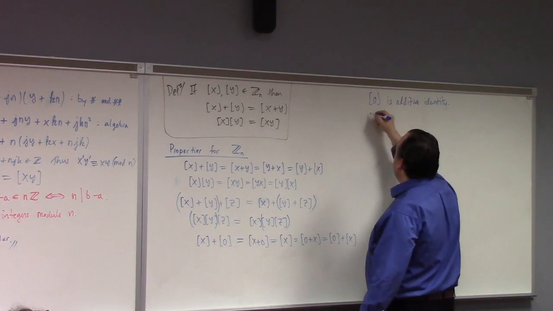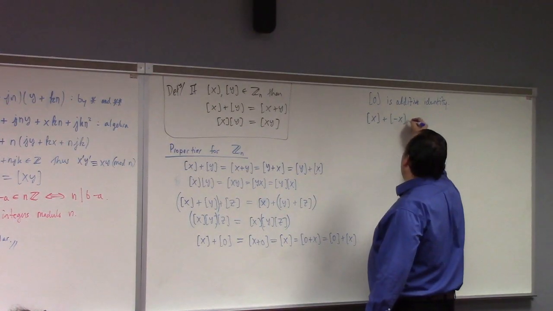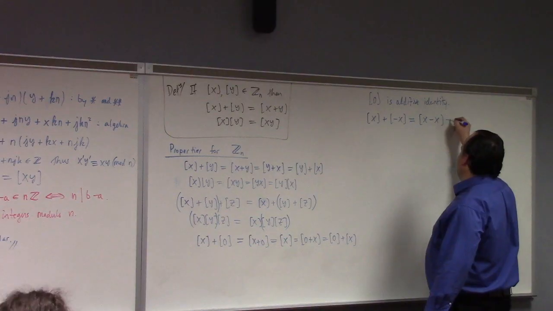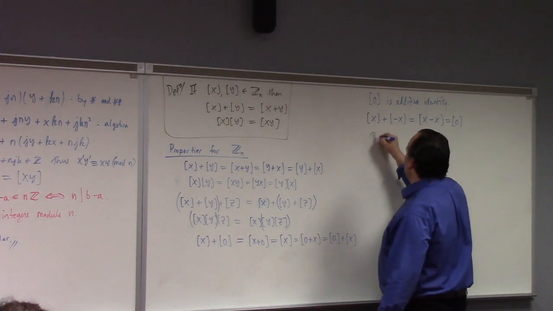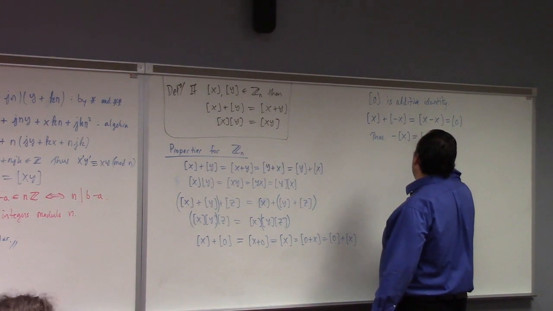And how about this? If we take x plus minus x, what happens? That gives us x minus x, also known as 0. So the minus of x is equal to minus x.